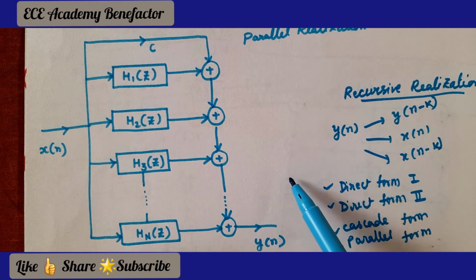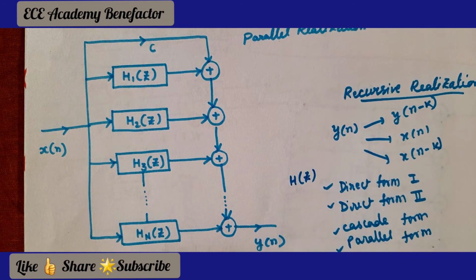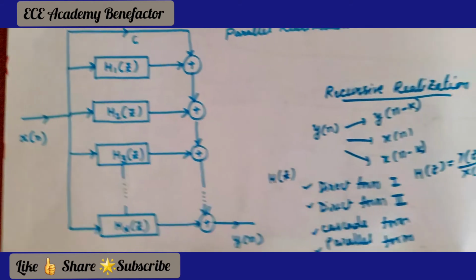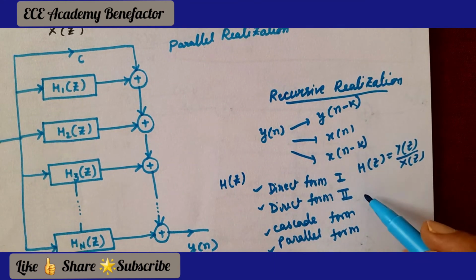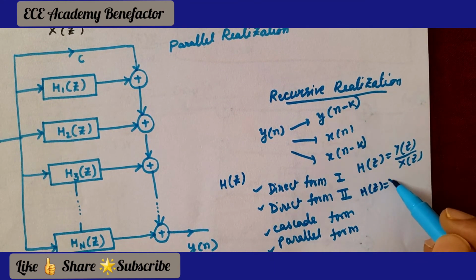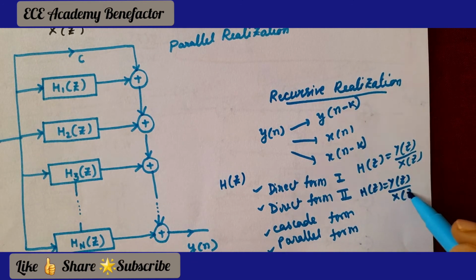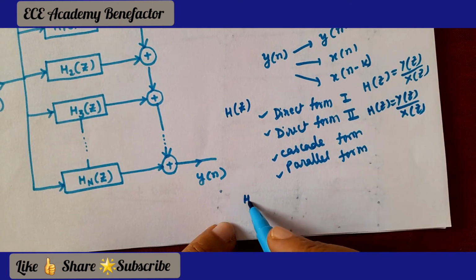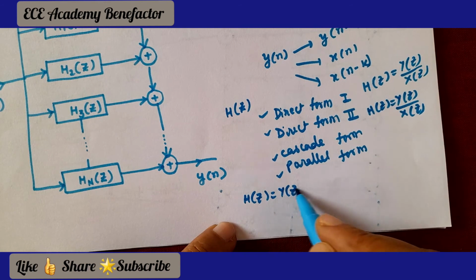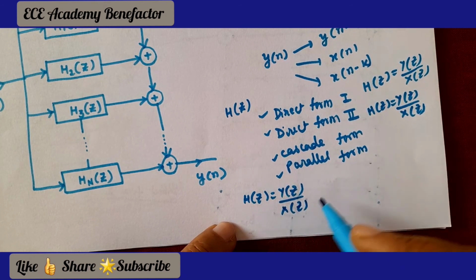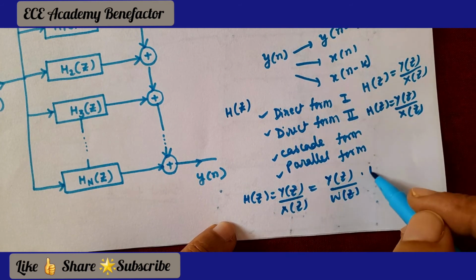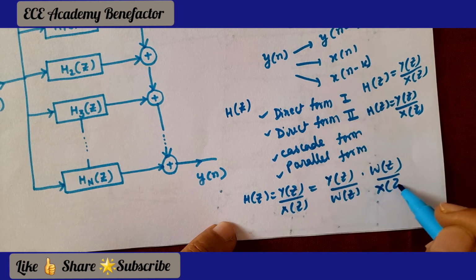Okay. So, here how we are representing this H of z? Here H of z is simply written as Y of z by X of z. In direct form 2, H of z is written as H of z is equal to Y of z by X of z, which is equal to Y of z by W of z dot W of z by X of z.